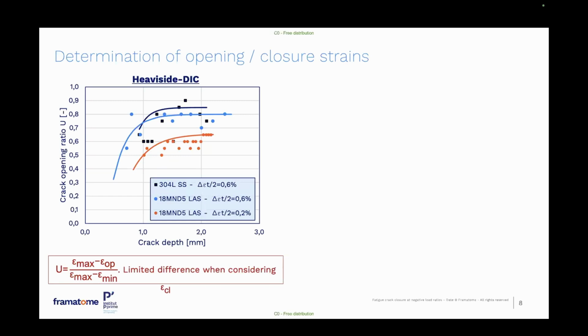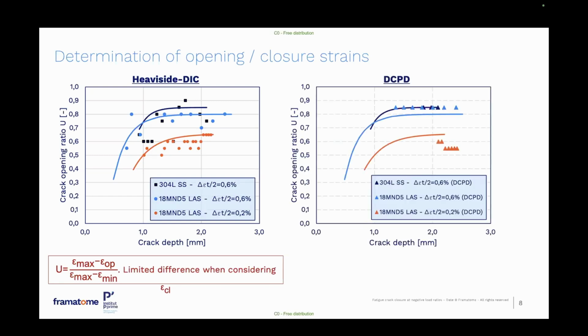You can see that regardless of the material and the strain amplitude, we have the same type of behavior, an initial increase of the value of U, and then a kind of stabilization for the larger values of the crack depth here. And this was consistent also with the DCPD measurements.